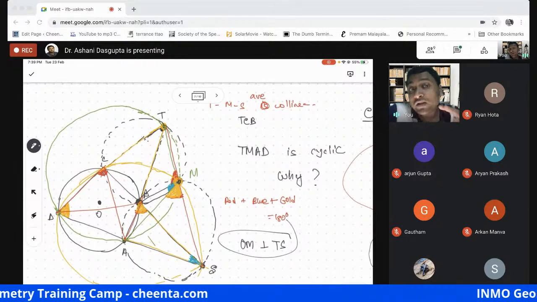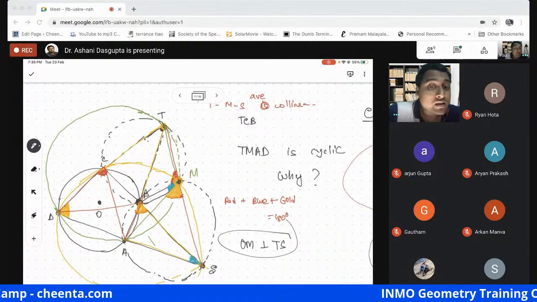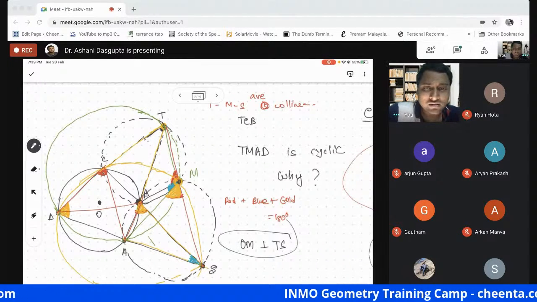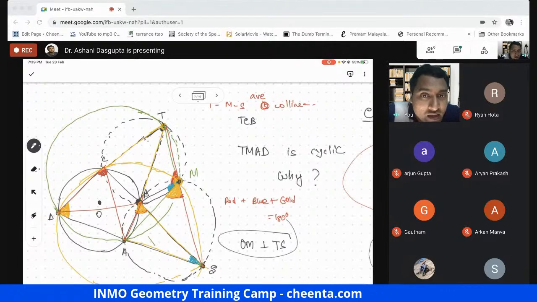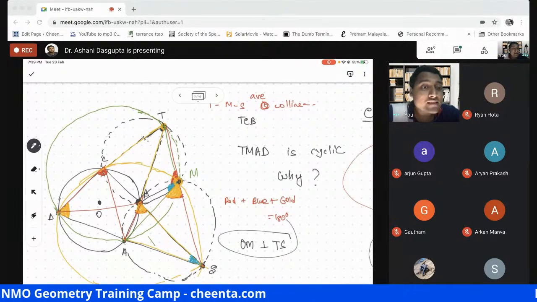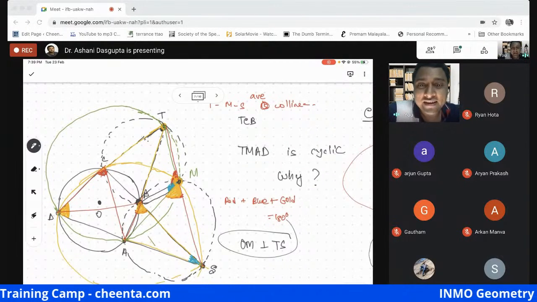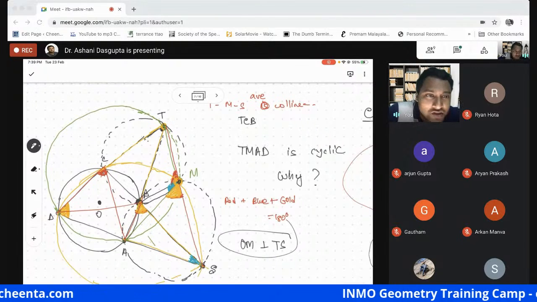But you don't want to show this using all sorts of angle chasing. You want to show this using this spiral similarity technique. So how would you do that?